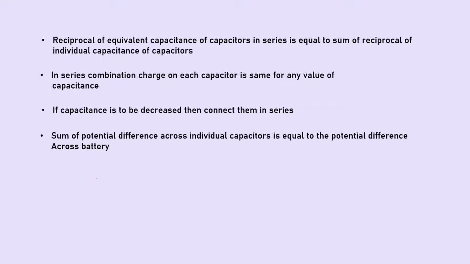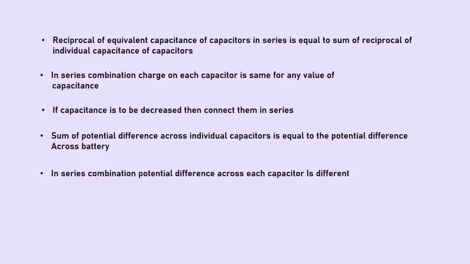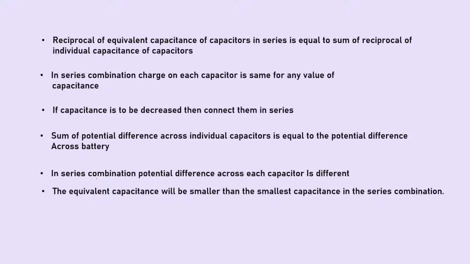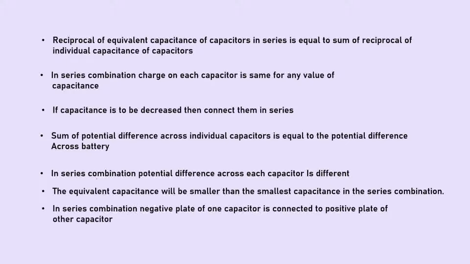That is, V equals V1 plus V2 plus V3. In series combination, the potential difference across each capacitor is different. Charge will be the same, potential difference will be different. And the equivalent capacitance will be smaller than the smallest capacitance in series combination.